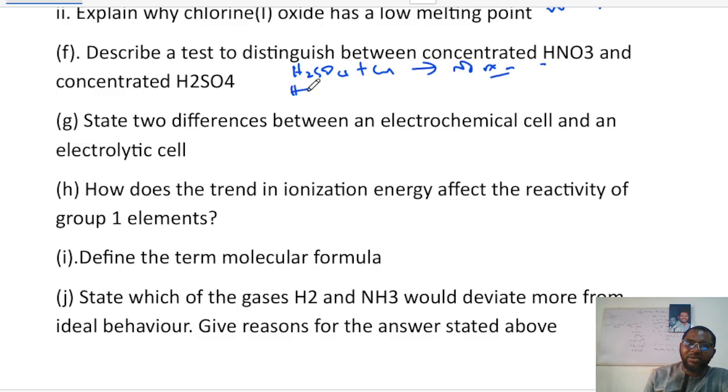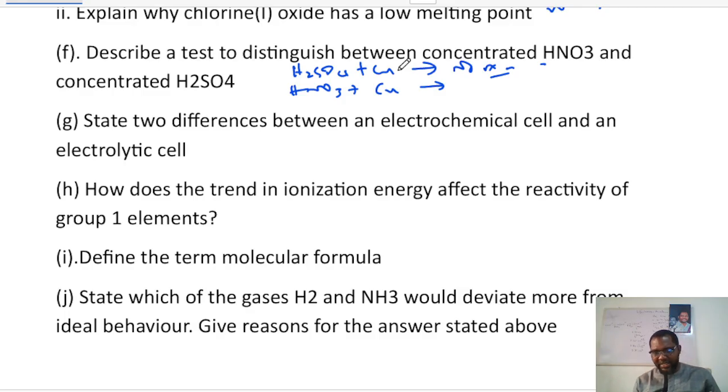But HNO3 can react with copper because HNO3 is not just an acid. The reason why H2SO4 cannot react with copper is because copper cannot displace hydrogen in a chemical reaction. Copper is lower than hydrogen in the electrochemical series.